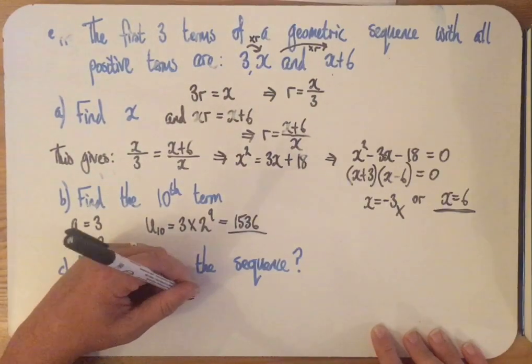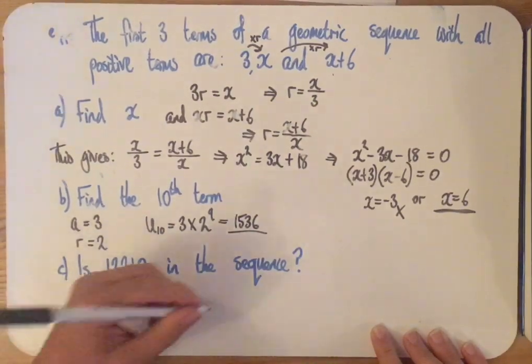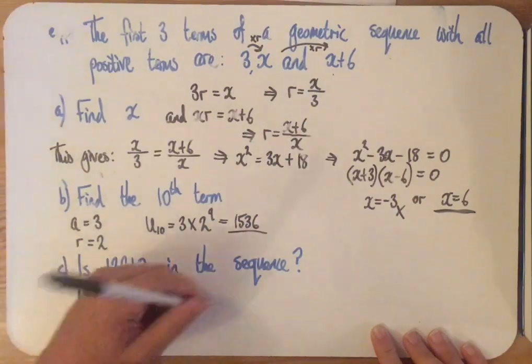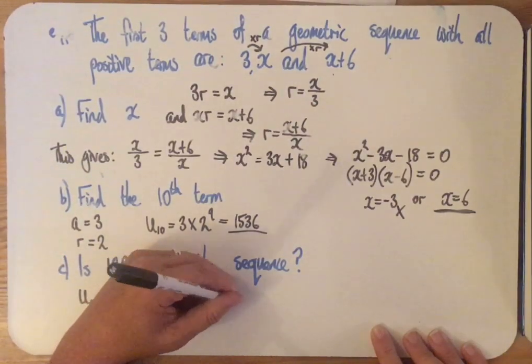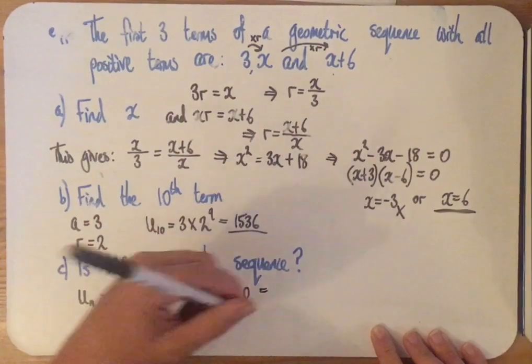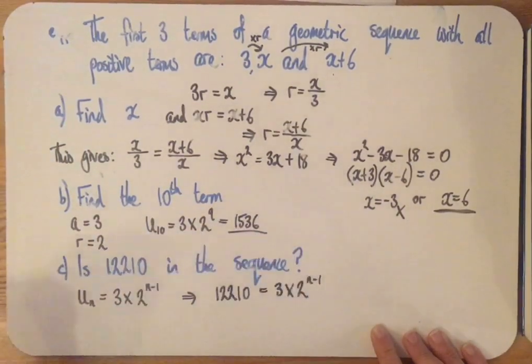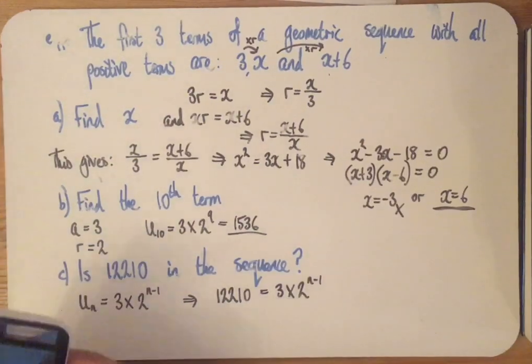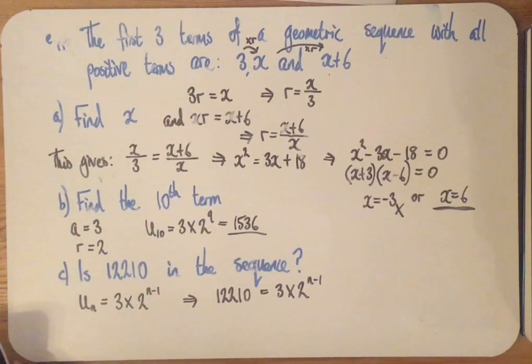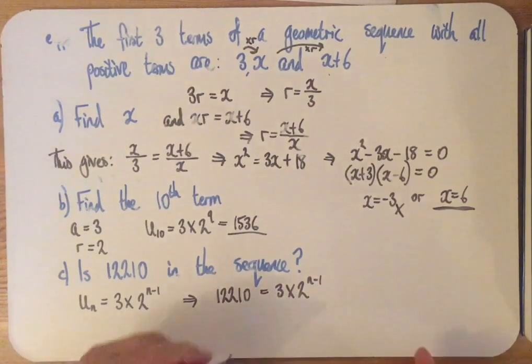And so substituting this into the left-hand side, we get 3 times 2 to the power n minus 1, dividing by 3, we get 4070.